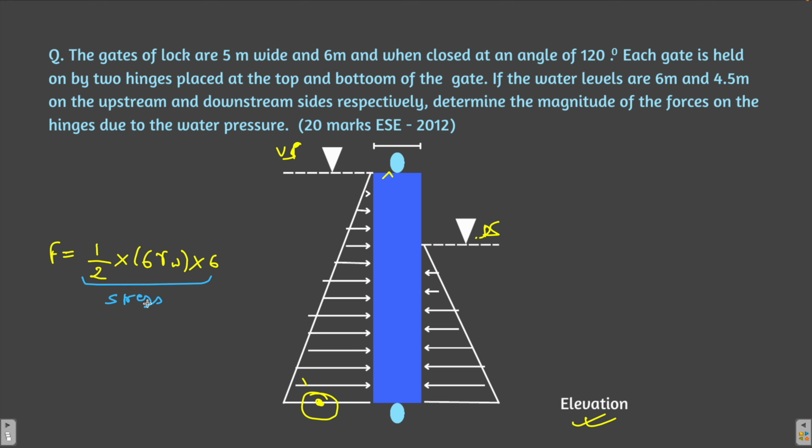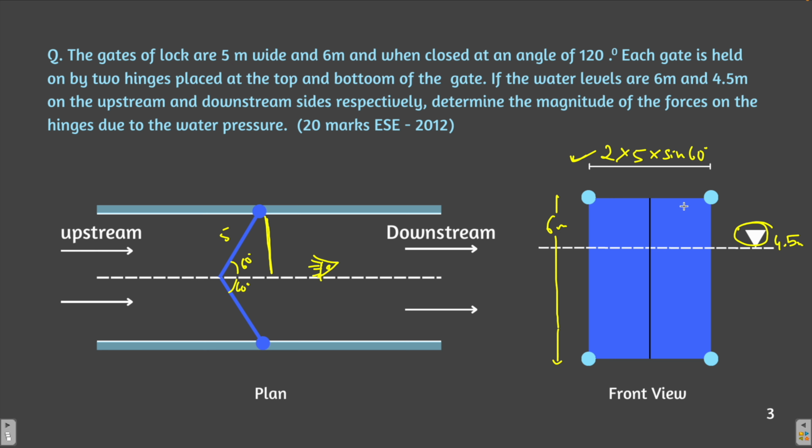Now, if you multiply this stress with the width of the gate, this is just the stress area, total stress. But if you multiply the stress with the depth, you are going to get the total force acting on both the gates. Okay, so we have got the stress.